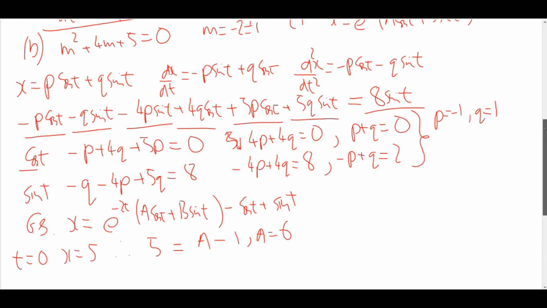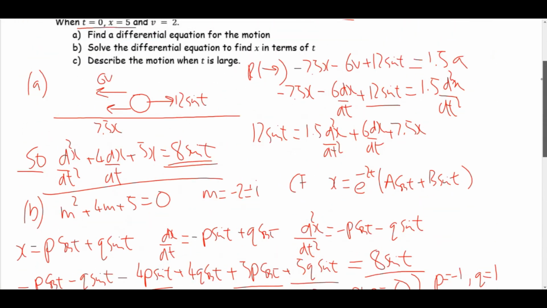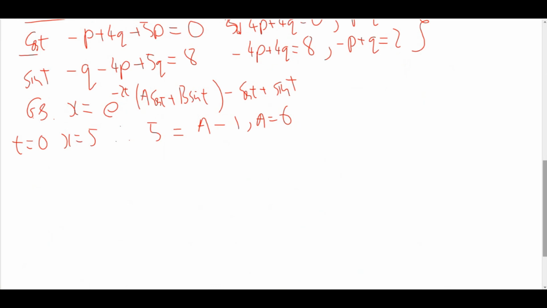To work out b, we're going to have to use the fact that the initial velocity is 2. So I need to get an expression for the velocity, which is dx by dt. So I'm going to differentiate my general solution. You can plug in a as 6 if you want. I'm just going to plug it in at a later stage. The first term will need the product rule, v du plus u dv.